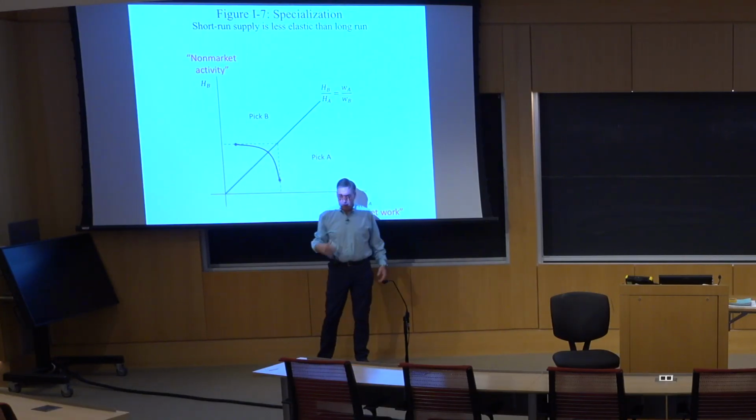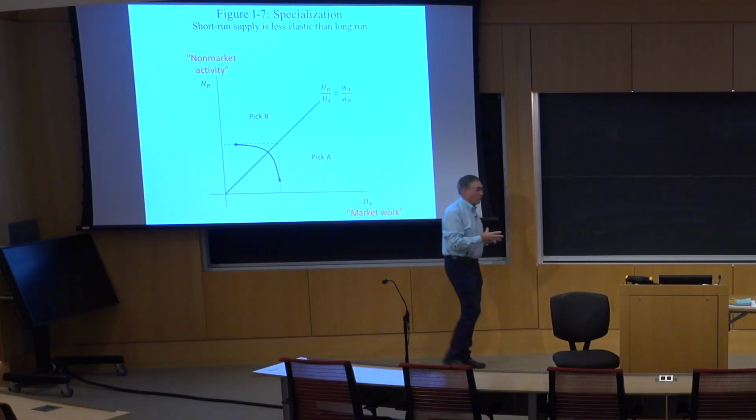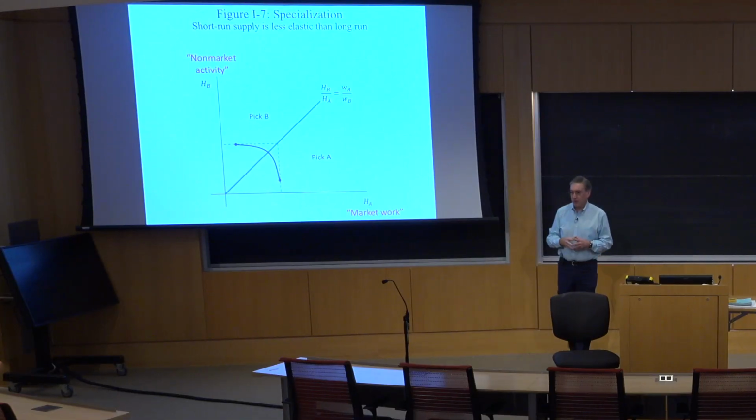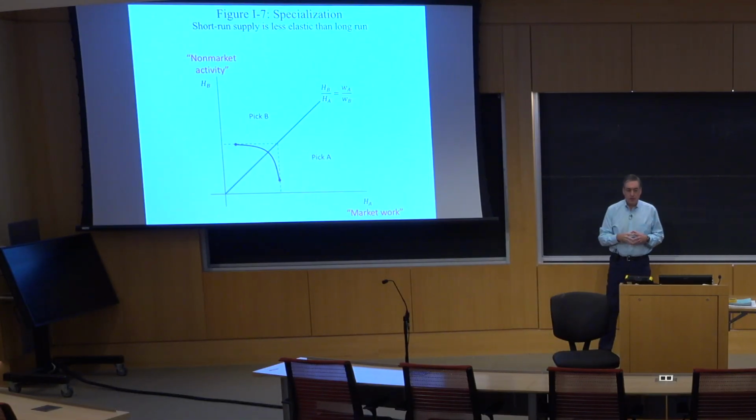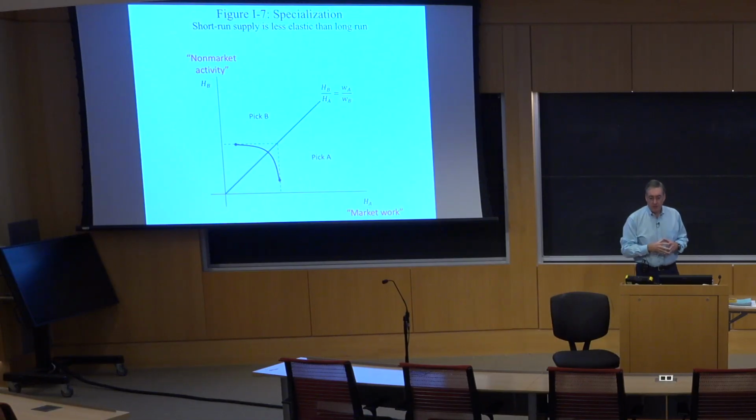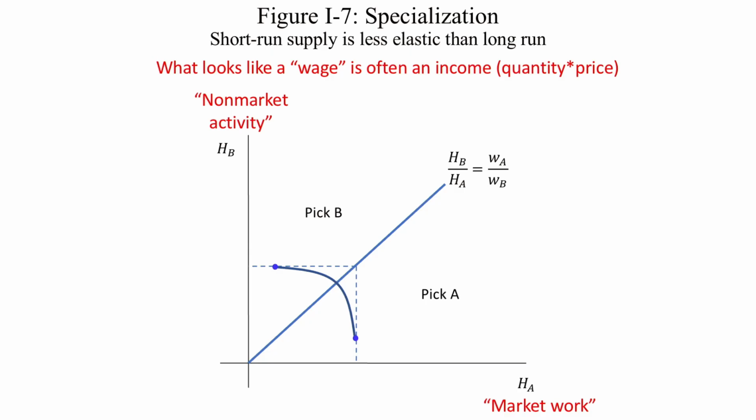They're going to have less human capital for work, more human capital for not work. And that can affect their wages, depending on what you mean by wages. If you're thinking about wage as a quantity times a price, a quantity of human capital times a price of that human capital, then that would affect wages.